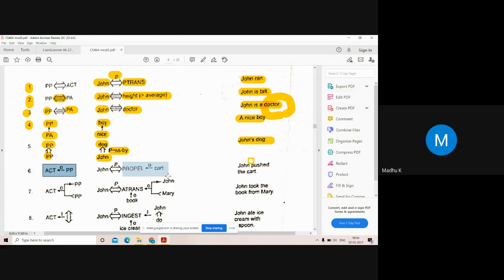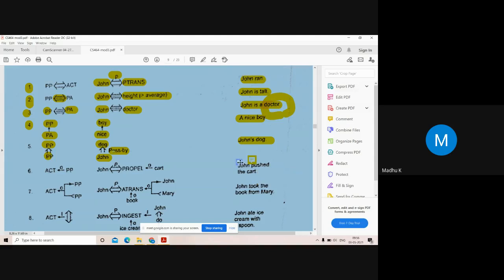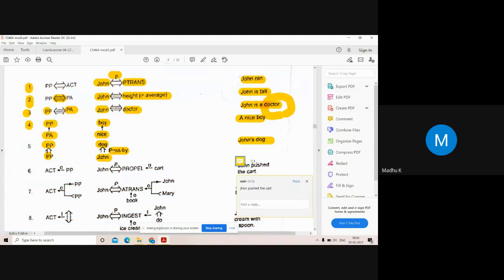Here the cart is an object which is pushed, so the act is pushed. Instead of pushed, we will use propel.